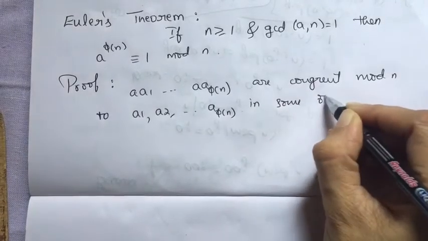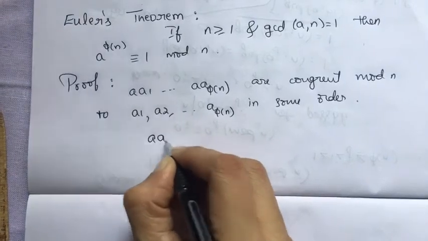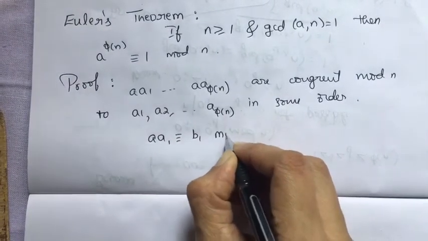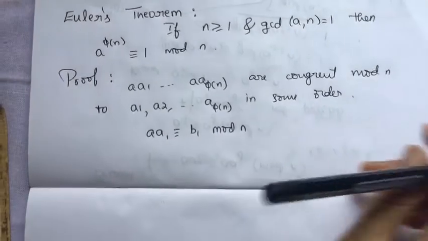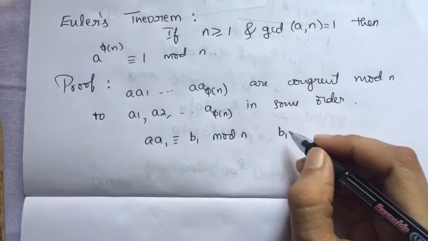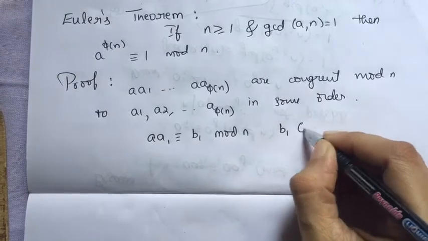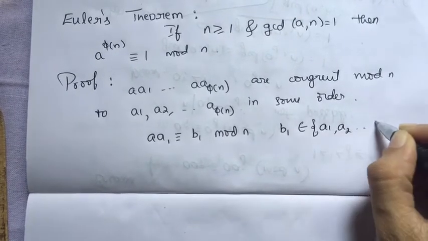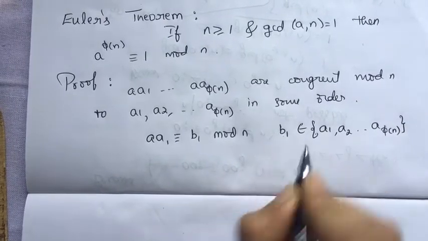So I can write a·a1 is congruent to b1 mod n. This b1 belongs to a1, a2, up to a phi of n; some ai is equal to b1.